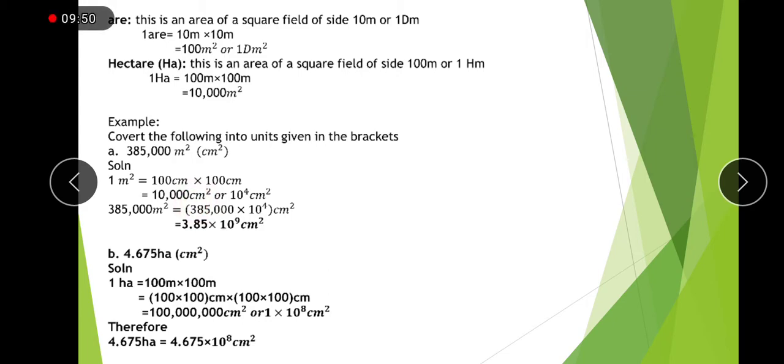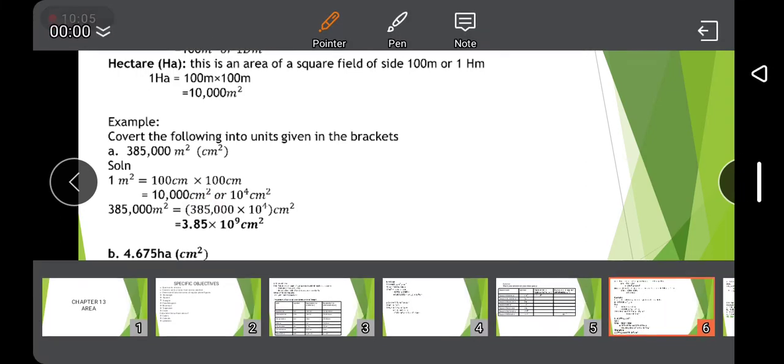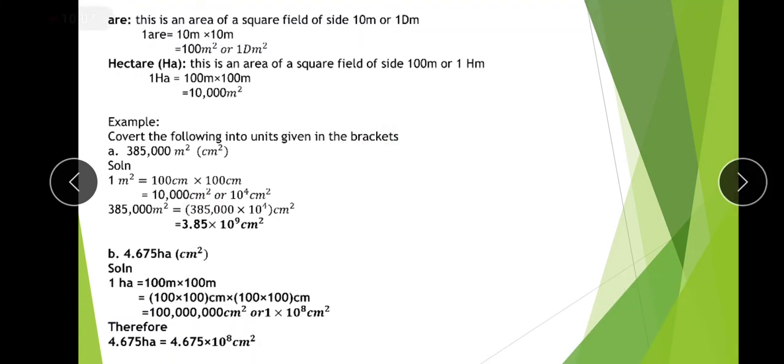Now, we want to see how many square centimeter are there in 385,000 square meter. You just cross multiply. You multiply by 10 to the power of 4, or 10,000. Then you find your answer as 3.85 times 10 power 9 square centimeter. Hope up to there we are together.